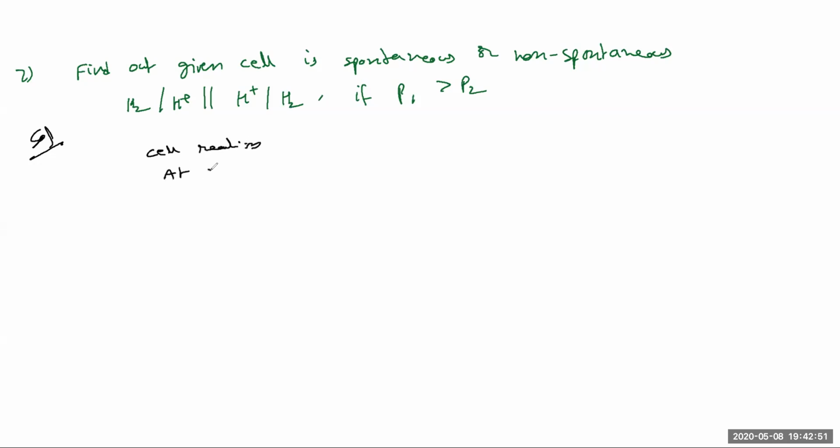Okay, at anode, oxidation, H2. Here P1 is the pressure. At cathode, what is at cathode? Reduction now.